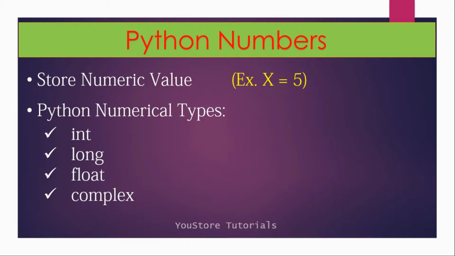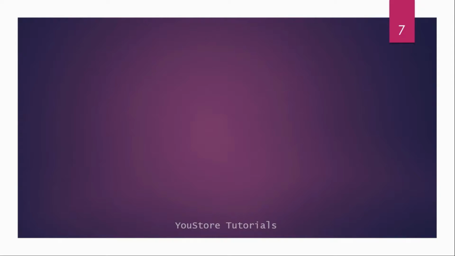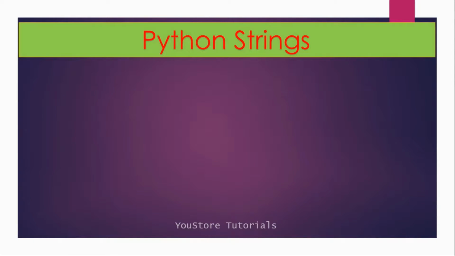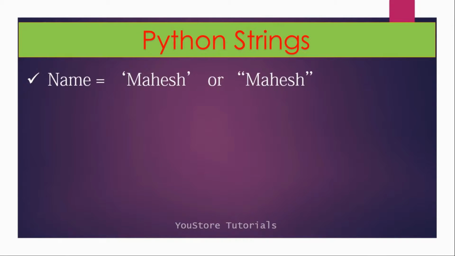The next standard data type is Python strings. Strings in Python are identified as a continuous set of characters represented in quotation marks. Python allows either pairs of single or double quotes. Here is an example: the variable name is name and the value for that variable is Mahesh. In the first case it is quoted in single quotes, and in the second case in double quotes. Both syntaxes are acceptable in Python.